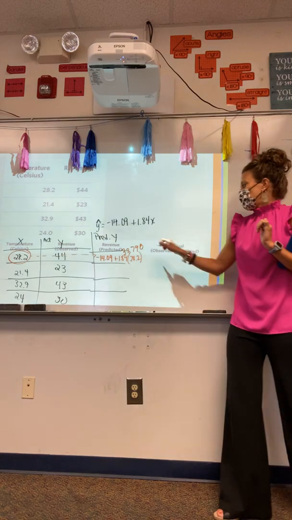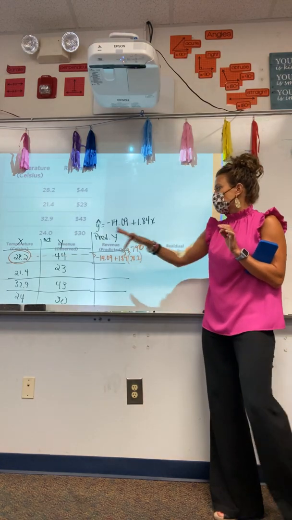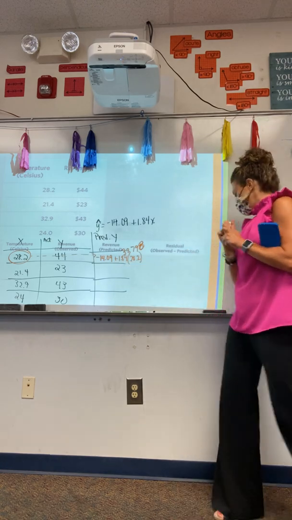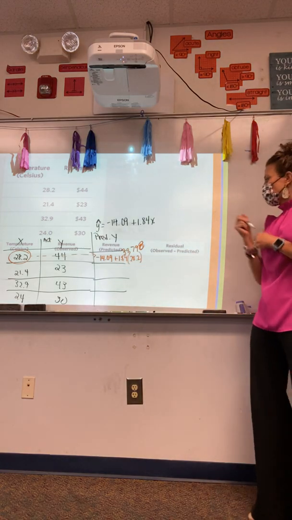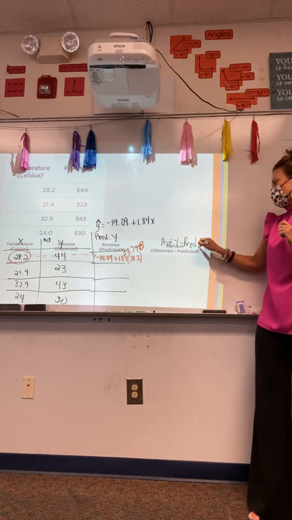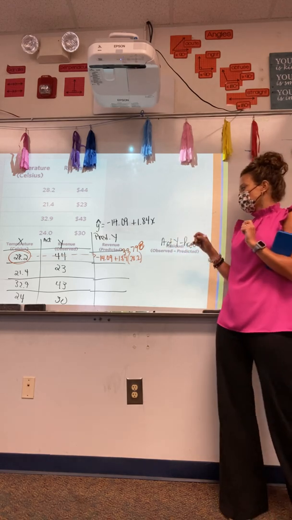Yes? Okay. Now, you still haven't found your residual. The only thing you found was a prediction line and your predicted Y. If you want to find your residual, then you have to do your actual Y minus your predicted Y. Remember, it is AP: actual minus predicted.